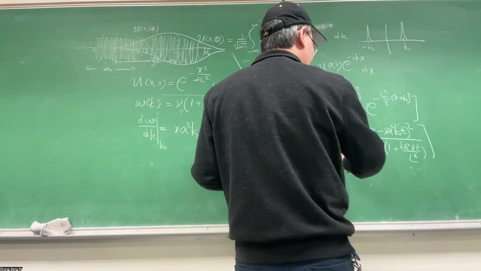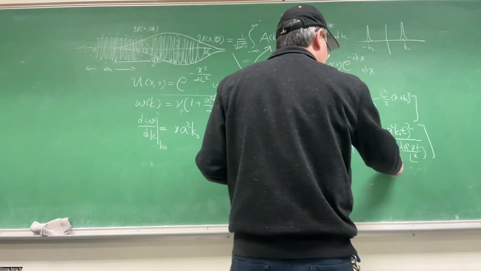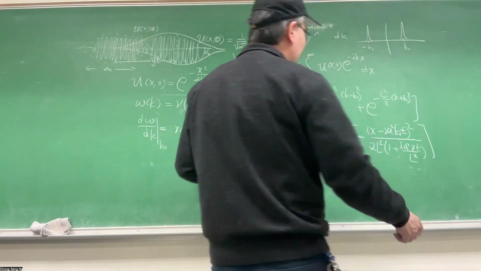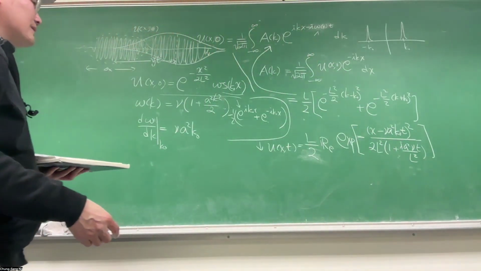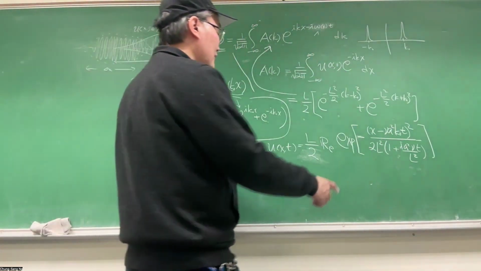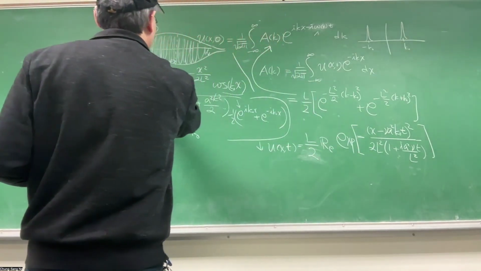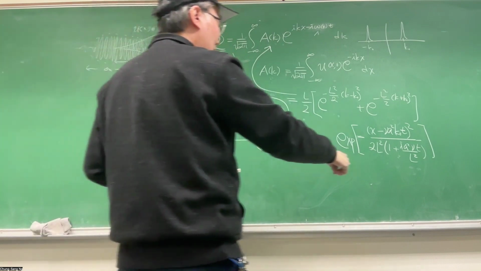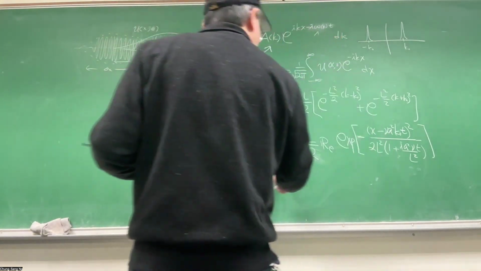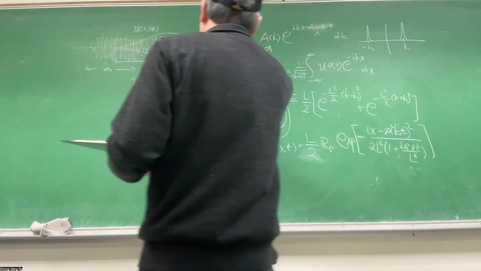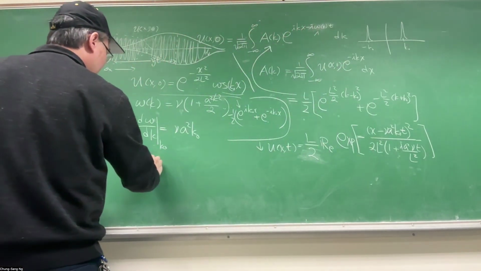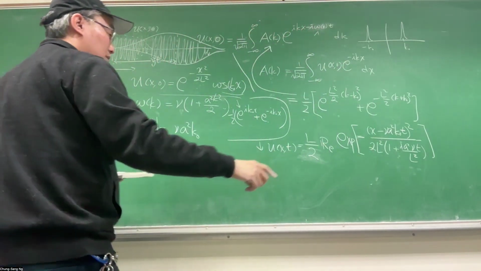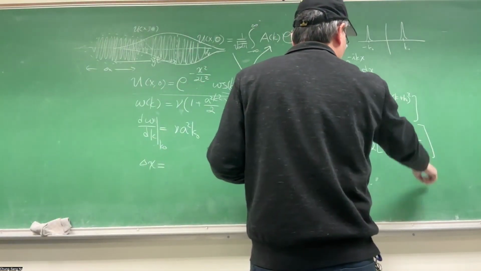So you have an exponential function, but then you have a complex argument, right? But the idea is still that this function is broader than the original one. It's not just this one. So you can say that basically delta x is roughly the argument of this one.